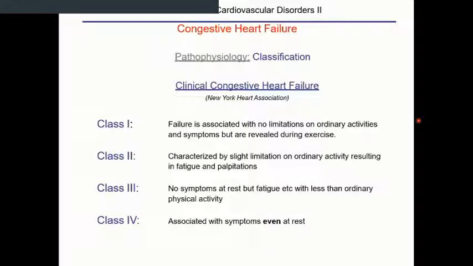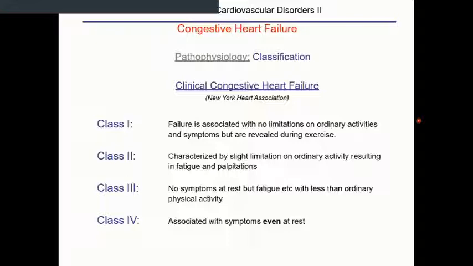Stage B patients have structural disease who have not yet developed symptoms of heart failure. In stage C, you have patients with structural heart disease with prior or current symptoms of heart failure. And of course, stage D, patients with refractory end-stage heart failure who require specialized advanced treatment. So these are the stagings according to the American College of Cardiology and the American Heart Association.